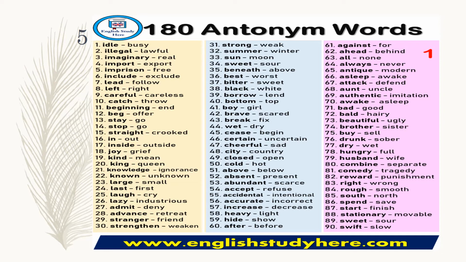For example, instead of writing she was not nice, use an antonym of the word nice to describe a girl: mean. What is the opposite of the word nice? Mean. Or you can use unfriendly.